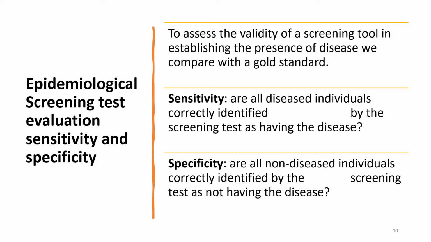To assess the validity of a screening tool in establishing the presence of the disease, you compare it with a gold standard. For example, occlusion. For you to be able to measure deviations from an ideal occlusion, you need to establish what an ideal occlusion is. That is the gold standard.